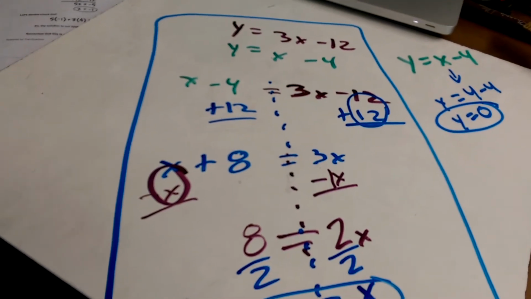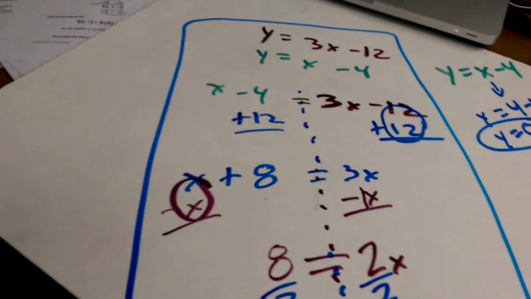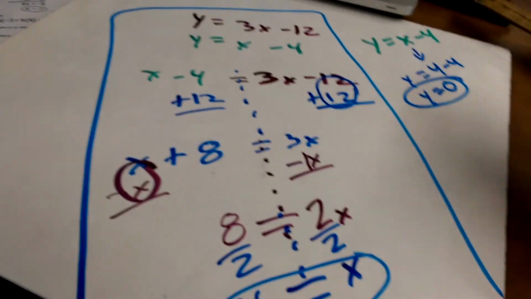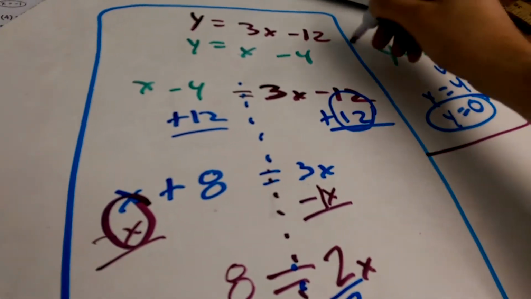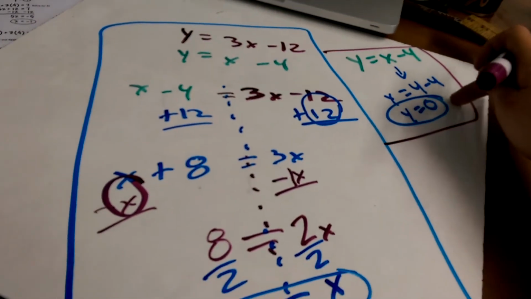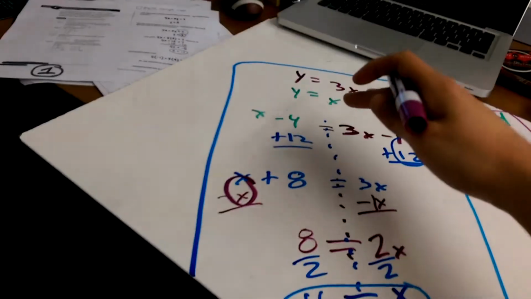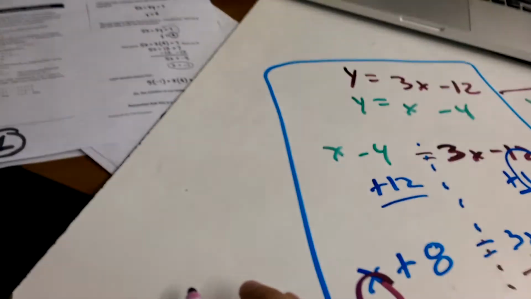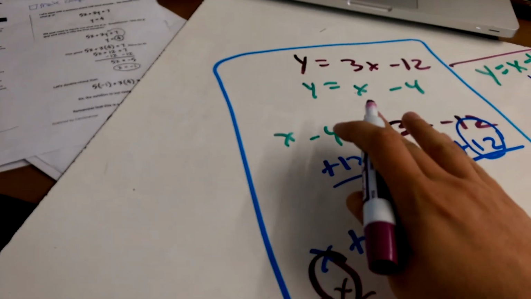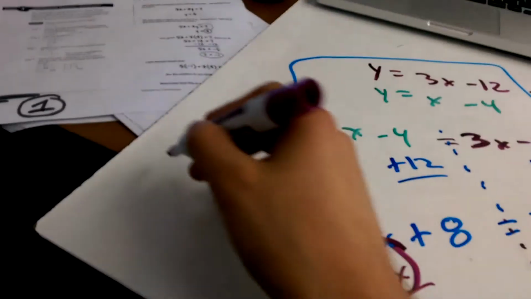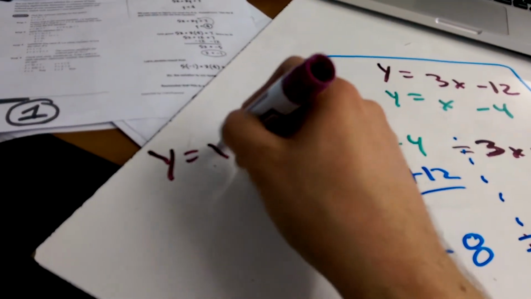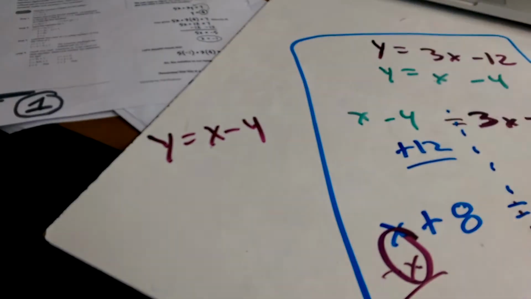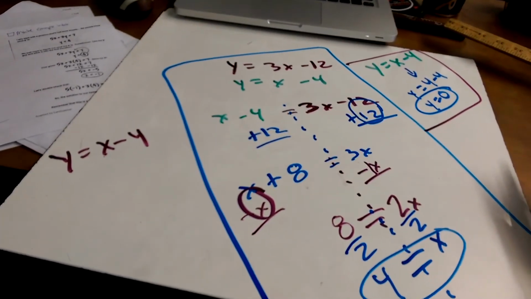Okay, the final step is to check my answer. So this whole thing right here was solving for x, and then I'm going to check my answer. So I'm going to go back to my easy problem, y equals x minus 4. So I'm going to write this down right here, y equals x minus 4, and now I can plug in what I've gotten so far.